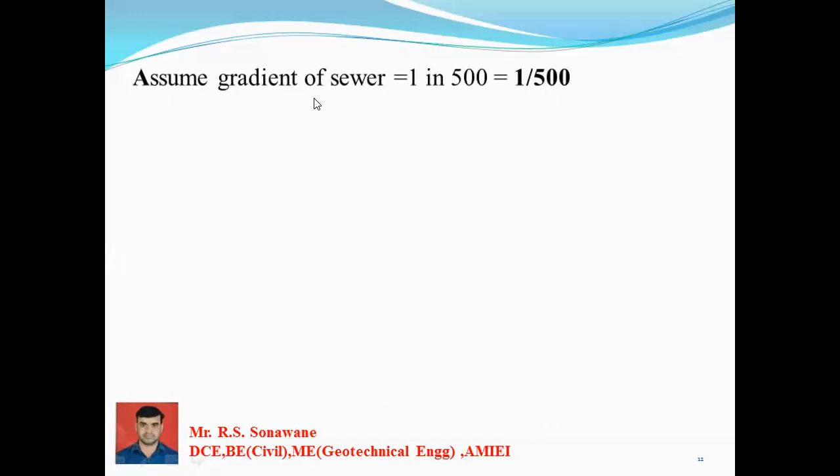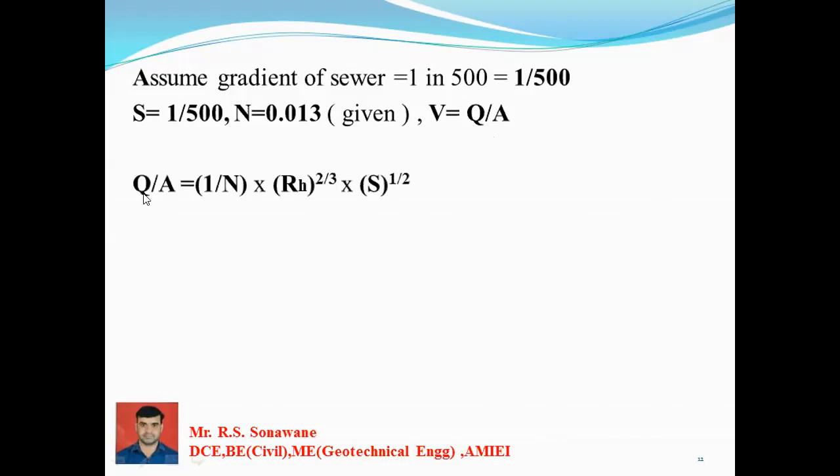So assume the gradient of the sewer is 1 in 500. S is 1 in 500, N is 0.03 as already given, and V is equal to Q upon A. Is it? Exactly, the formula was Q is equal to V into A, therefore V is equal to Q upon A.